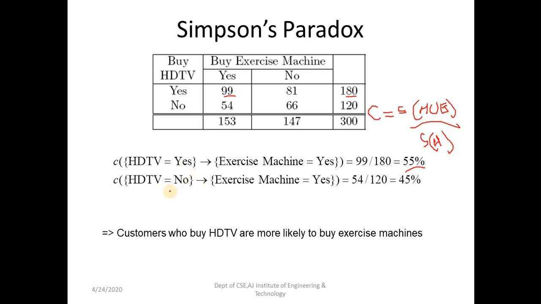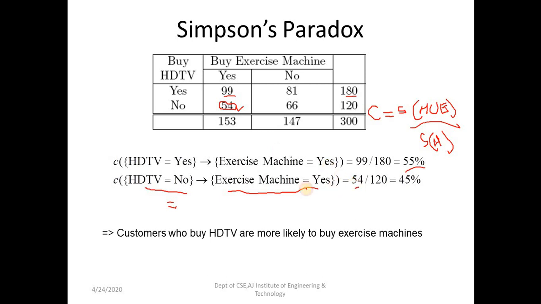Next we have one more rule, which tells that if a customer does not purchase HDTV, then he will purchase exercise machine. So HDTV equal to no implies exercise machine equal to yes. Again, calculating the confidence of this rule, the support count of both HDTV equal to no and exercise machine equal to yes is 54, correct?